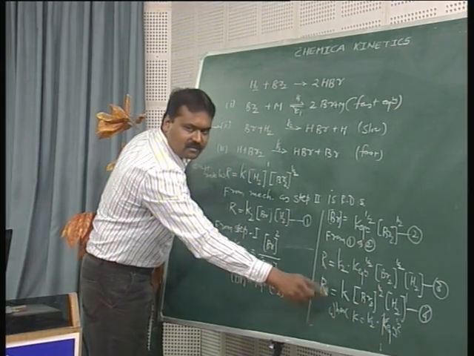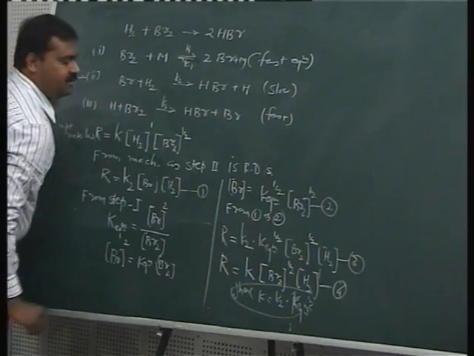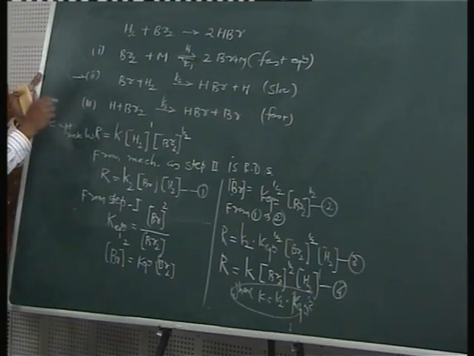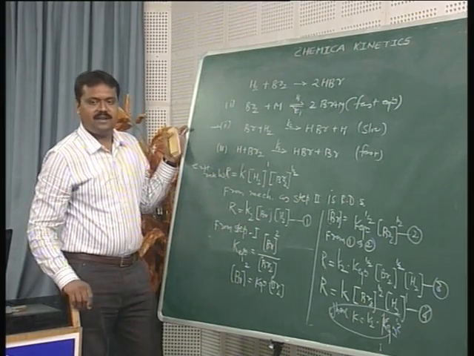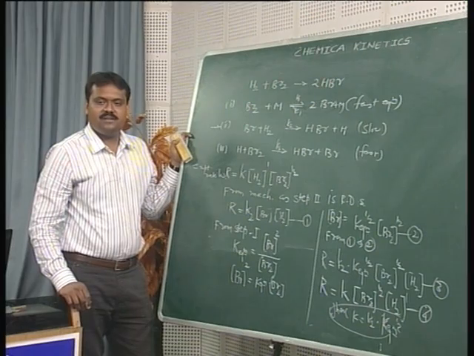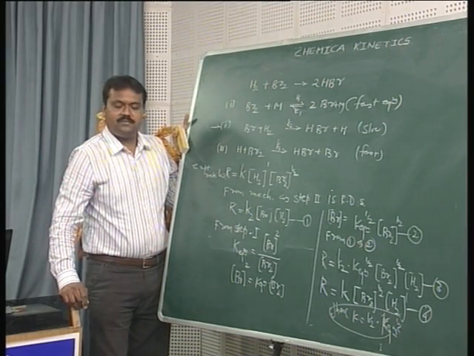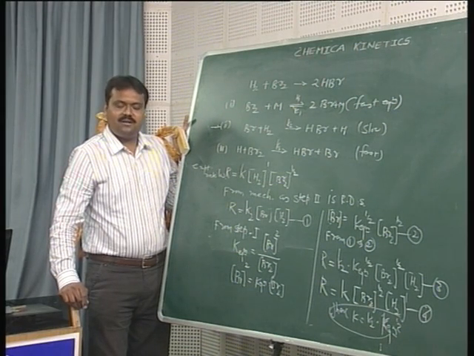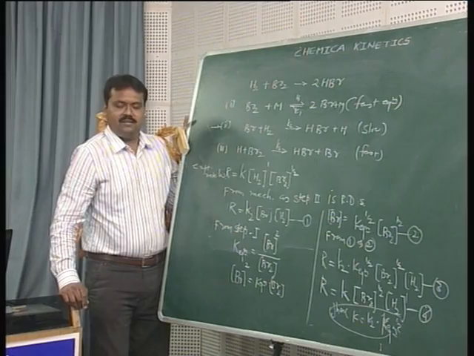If the algebraic combination of different constants is like this, we can say that the proposed mechanism is consistent with the given rate law. So in this way, we can establish the relation between the rate constant derived from the mechanism and the rate constant which is observed in the experimental rate law.